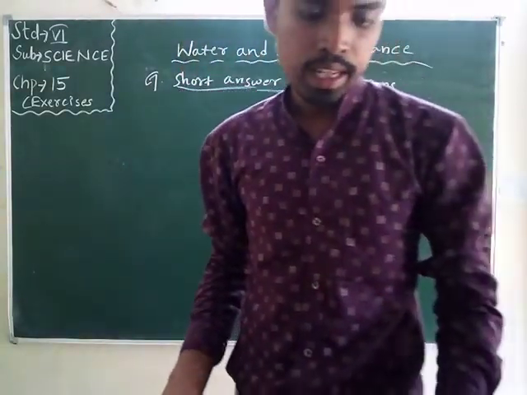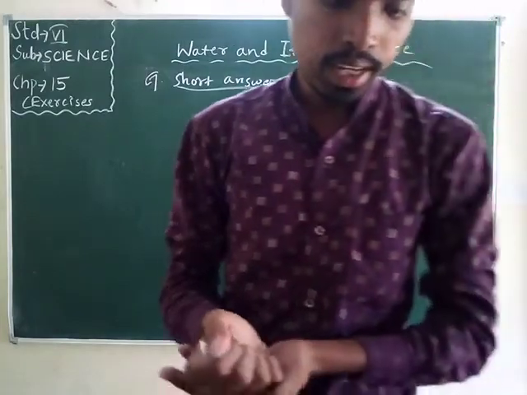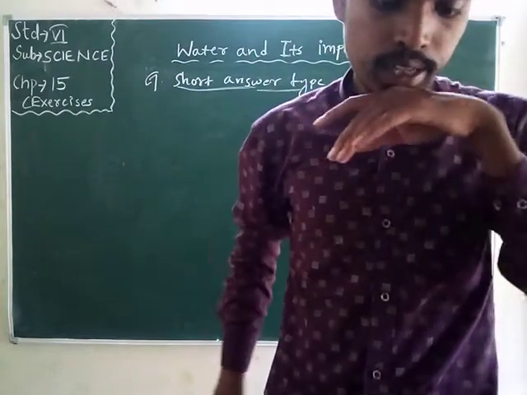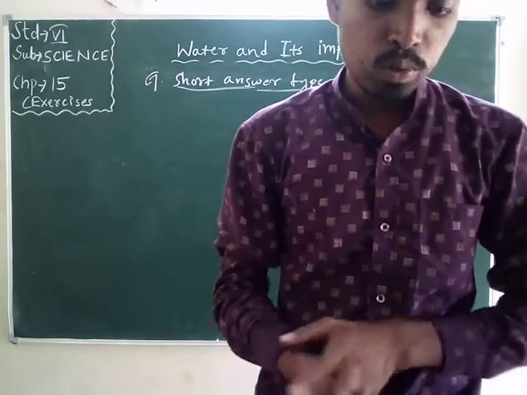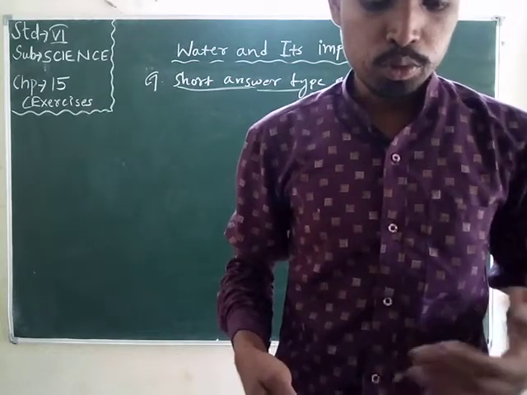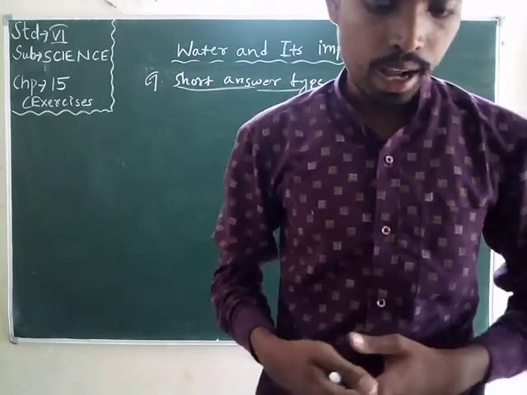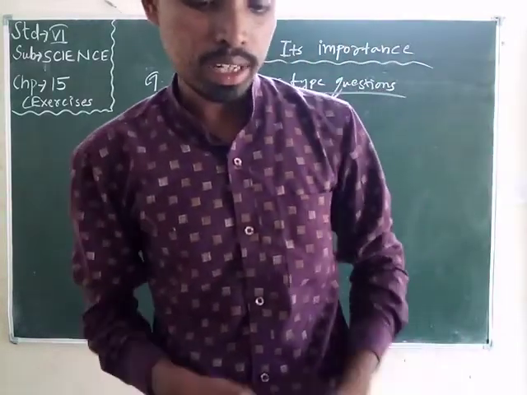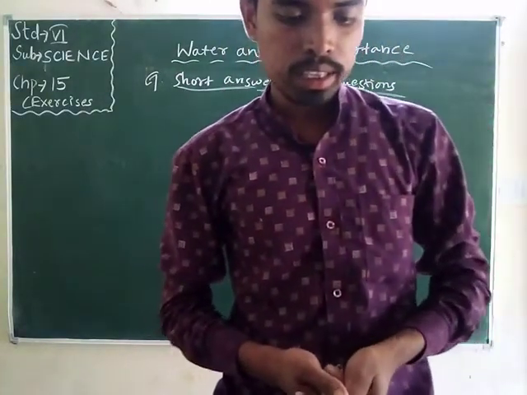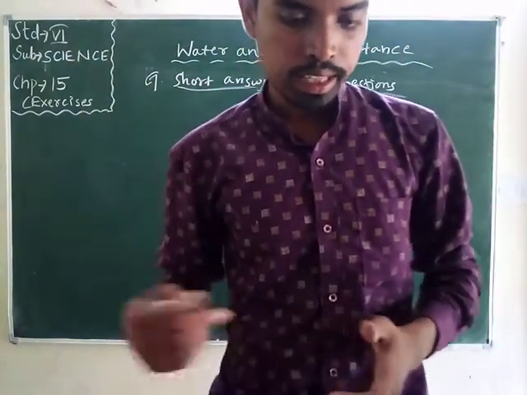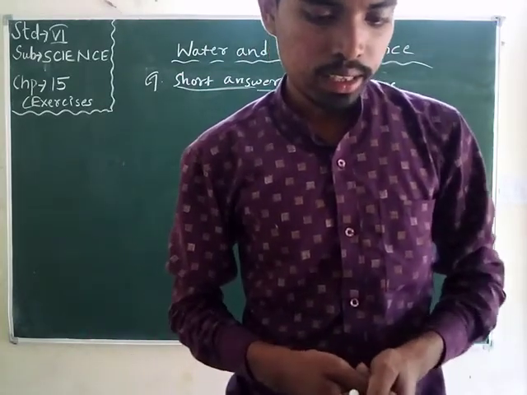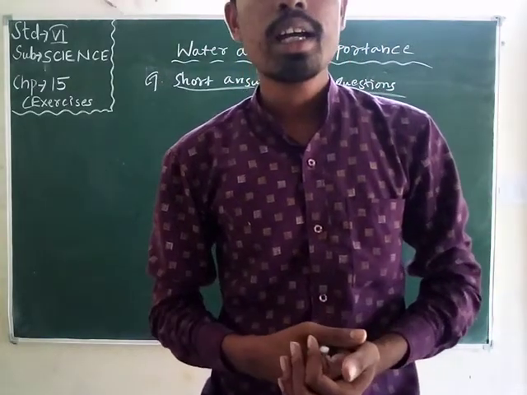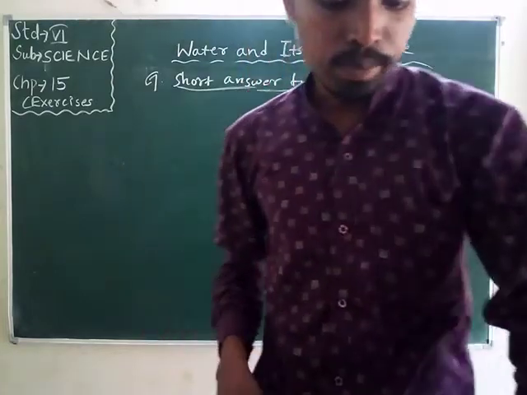The water cycle helps in replenishing water sources, and number 2, it maintains global climate. Number 3, it helps in the formation of clouds. Number 4, it helps in bringing rain. And number 5, it maintains regular supply of water on land. Okay. Next, number 2.